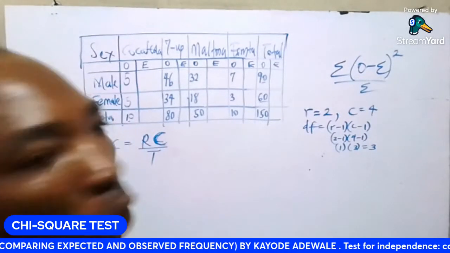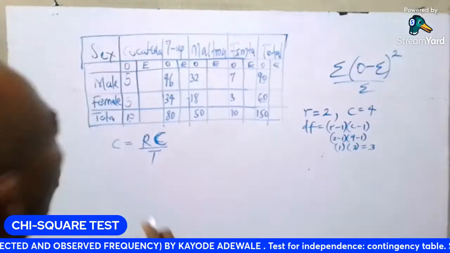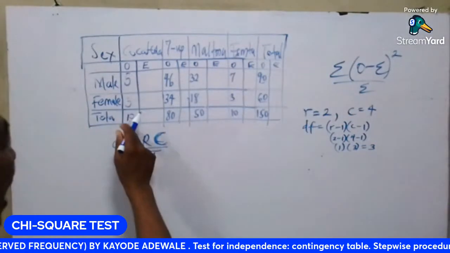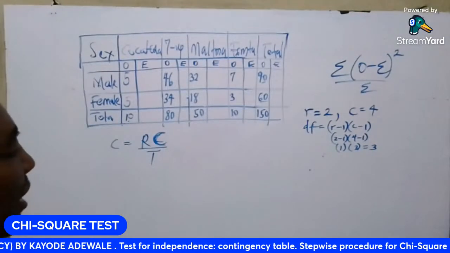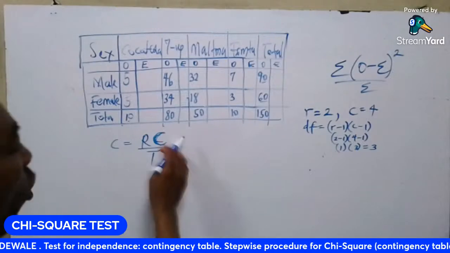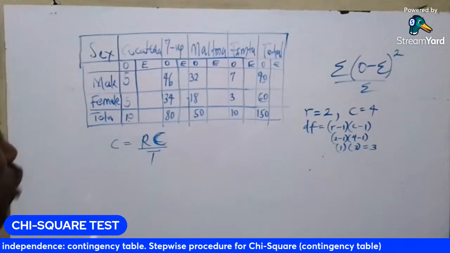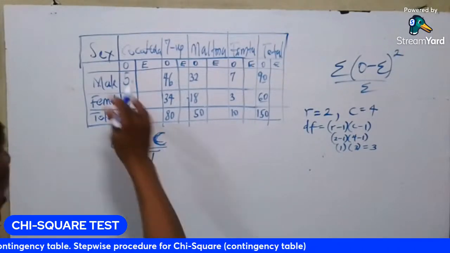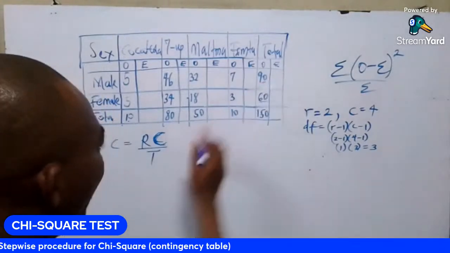The r means the row total. What is the row total here? It is 90. The formula is row total multiplied by column total.